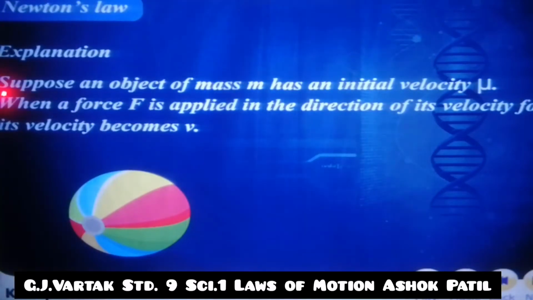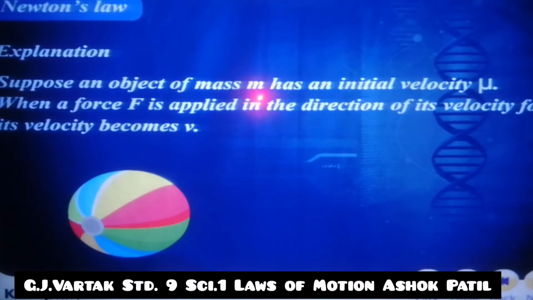Suppose an object of mass m has an initial velocity u. When a force F is applied in the direction of its velocity for time t, its velocity becomes v.